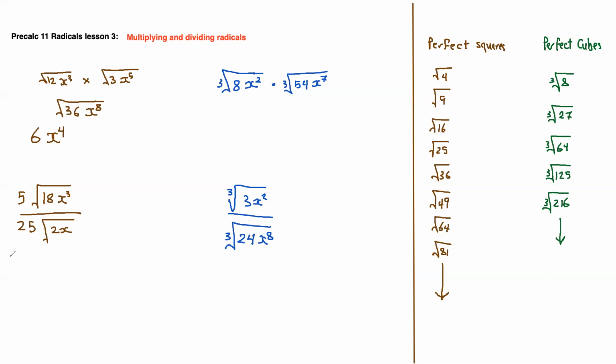If we do division, your best bet is to start reducing. So 5 reduces and gives you 1, and 25 would be 5 because 5 goes into 25. And then here you could divide it right away.